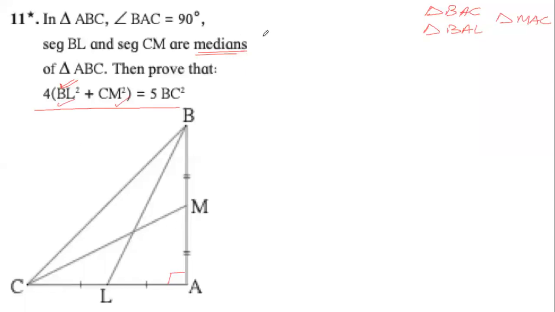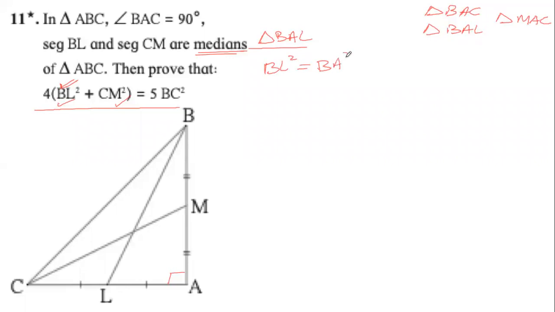So if we use Pythagoras theorem in, say, triangle BAL, I will write the LHS, you will tell me the RHS. If I write BL square equals to, tell me, what do I write? Come out of mute and write. Using Pythagoras theorem for triangle BAL, BL square will be how much? Correct, in the chat box.